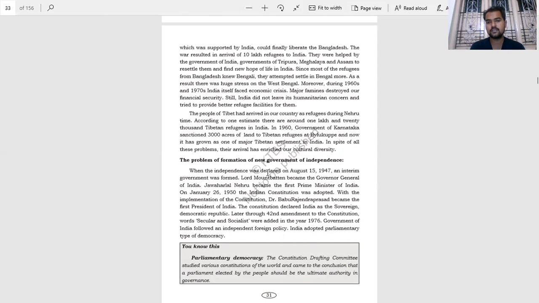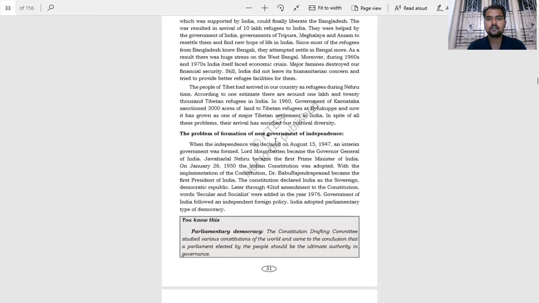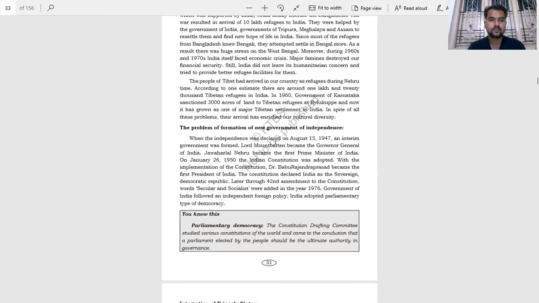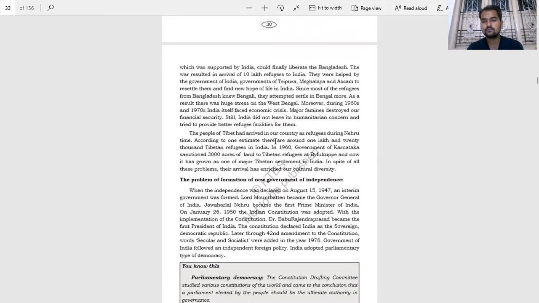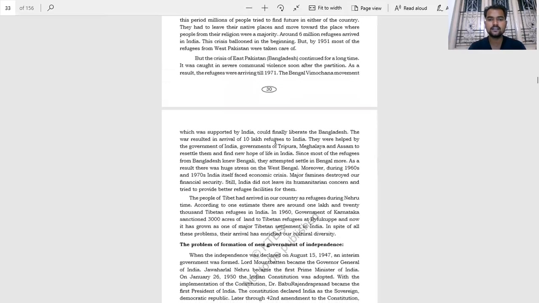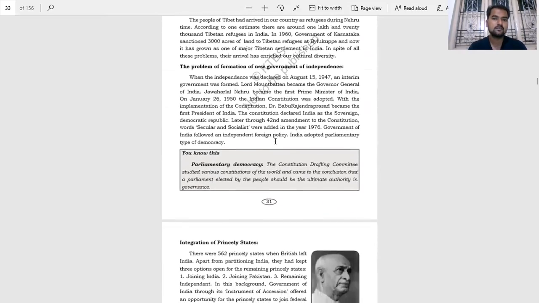Many Buddhist leaders, followers and gurus came to India and settled here. In Karnataka, you will see the refugee camp of our Tibetans in Bylakuppe. Dharamshala is another place. So we have 3 settlements in Karnataka in our whole India. That refugee issue was also a major problem which India faced just after independence.